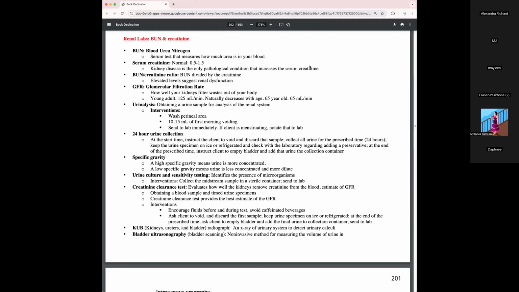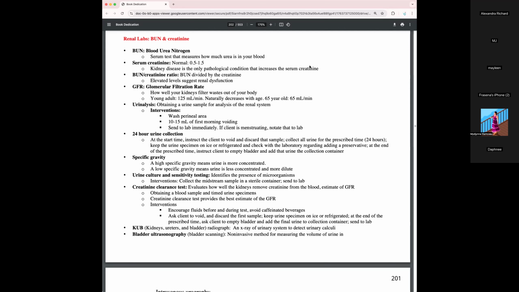So again, if you want to see if the patient has a UTI, the healthcare provider will order a urinalysis to see if it has white blood cells and nitrites and leukocyte esterase. Urinalysis will tell you if there's ketones in the urine, if there's glucose in the urine, if there's blood in the urine. So urinalysis is really analyzing the urine to see if there's certain components in the urine.